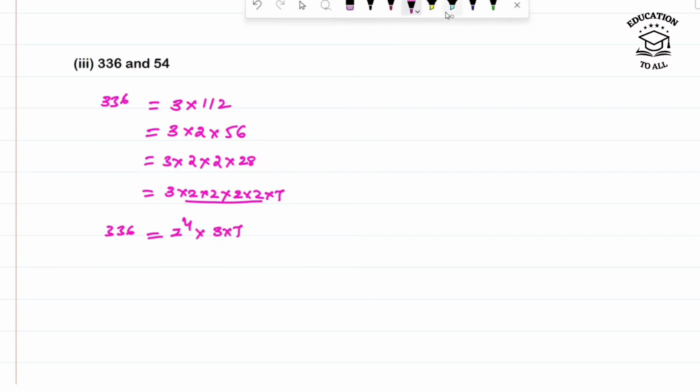So this is the prime factorization for 336.